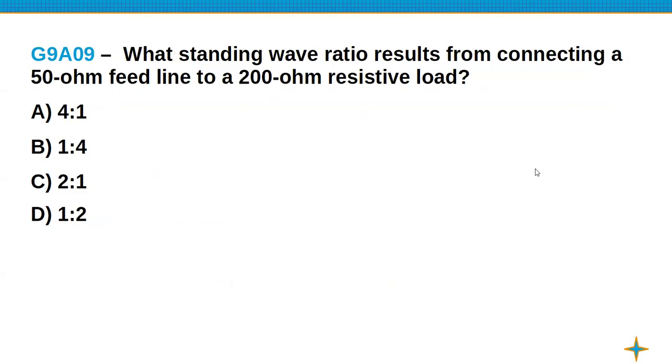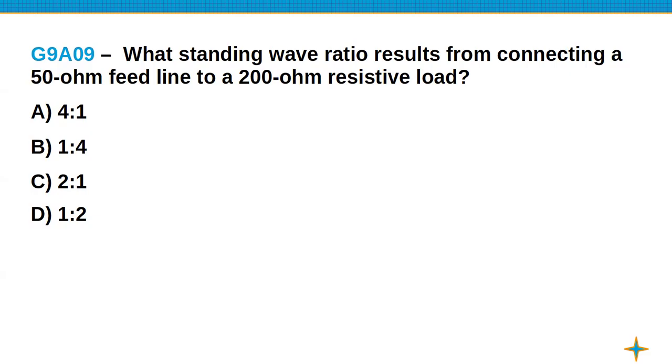What standing wave ratio results from connecting a 50 ohm feed line to a 200 ohm resistive load? It's a quarter. Here's where that math comes in. You can do this in your head. So it would be a quarter, but you do the high number first, so that's 4:1.